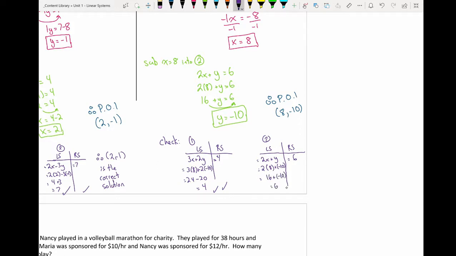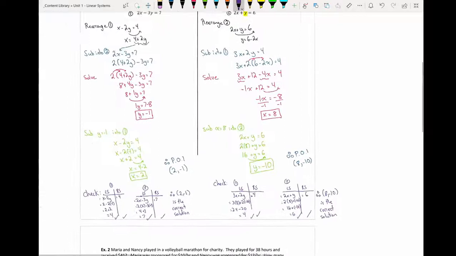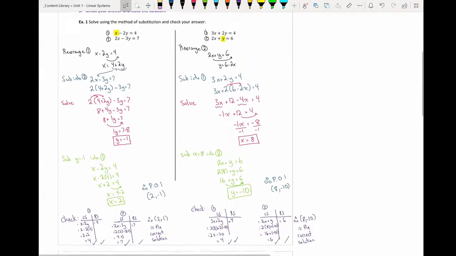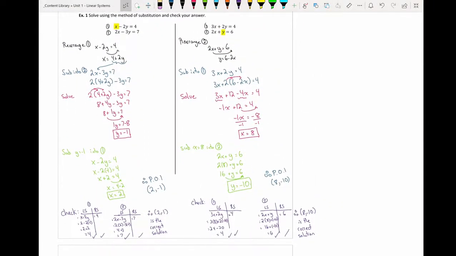So 6 equals 6, which is good. So therefore 8, negative 10 is the correct solution. So again, you don't need to go through and check your answer every single time, but again, it is helpful to double check to see if you got the right answer.